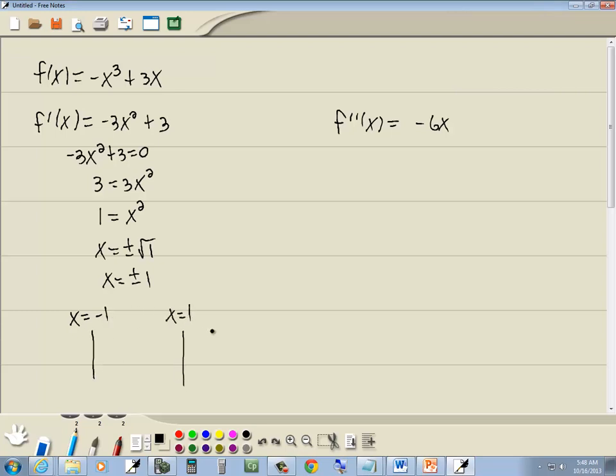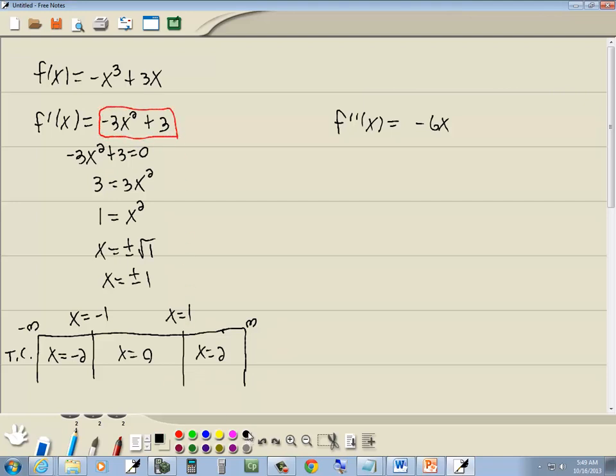And we want to build a table of intervals. Clear over here is negative infinity. Clear over here is positive infinity. We want to choose test cases: something between negative infinity and negative 1, like negative 2; something between negative 1 and 1, which is 0; and something greater than 1, like 2. Now we want to plug those into our derivative.